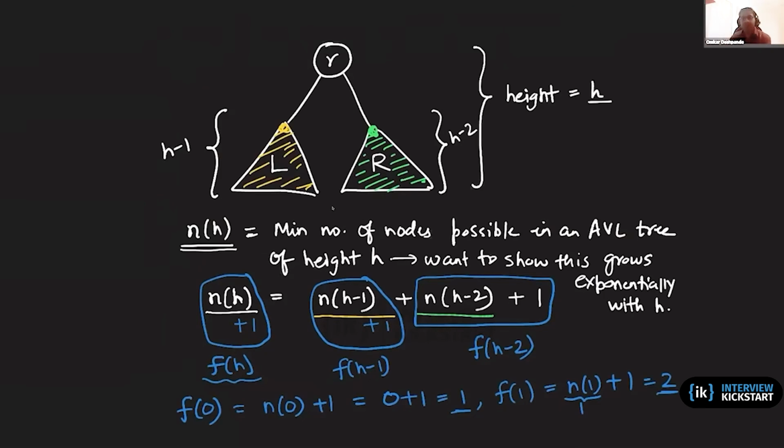Shobit? Yeah, hi Omkar. So just wanted to confirm that whatever discussion we are doing, it is for binary search tree and not a general binary tree, or is it kind of common to both? You can think of an AVL tree structure even if the tree was not a search tree. Right?